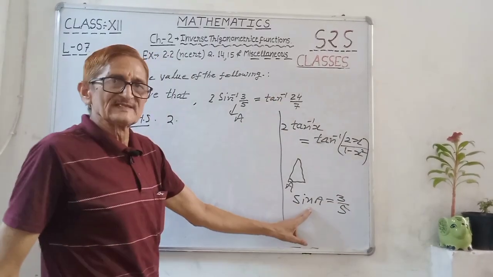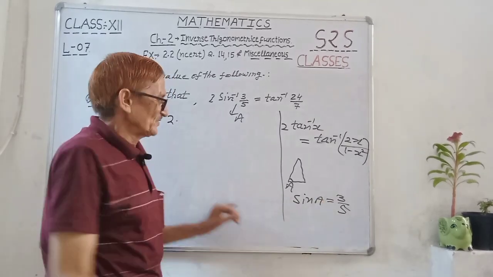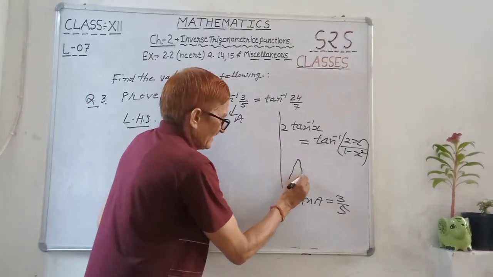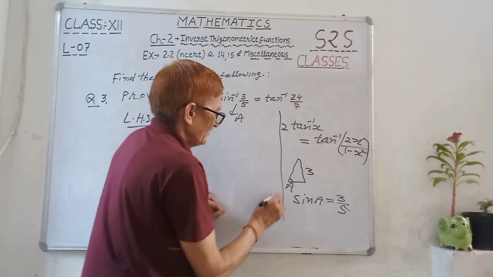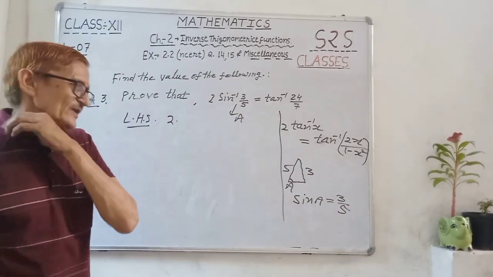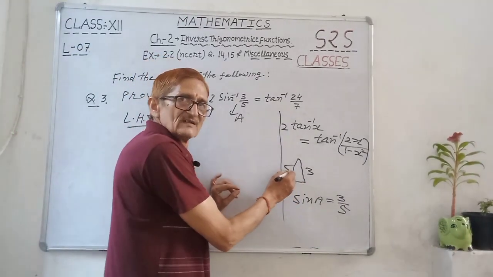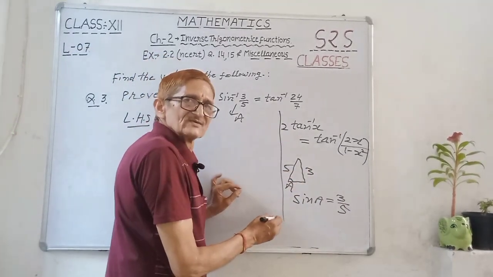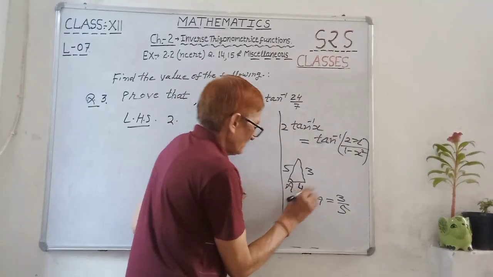Sin theta, from 9th and 10th class, is opposite upon hypotenuse, so the opposite side is 3 and the hypotenuse is 5. Then by Pythagoras theorem the adjacent side is the square root of 5 square minus 3 square, 25 minus 9, 16, so 4.